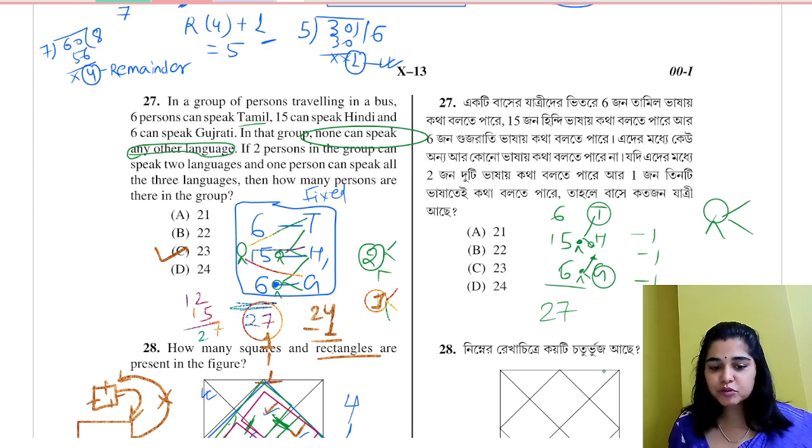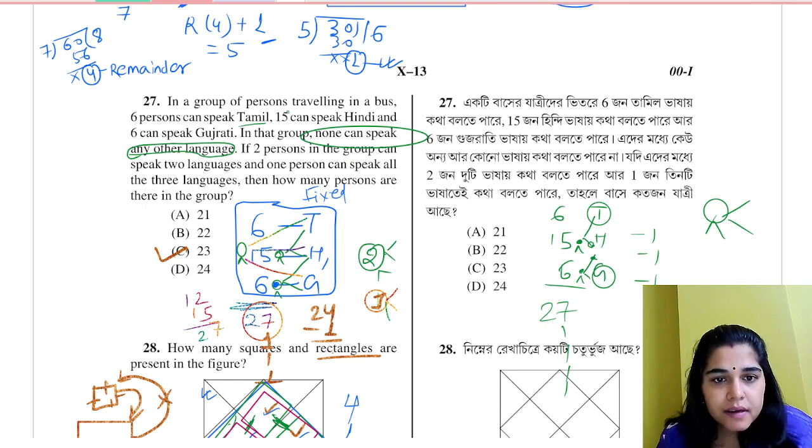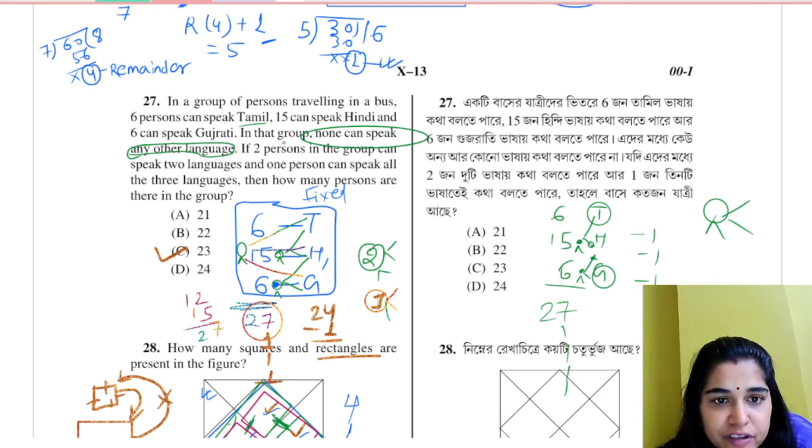So one minus and one minus and one minus. And we consider them two times. That's why one minus. None can speak any other languages.